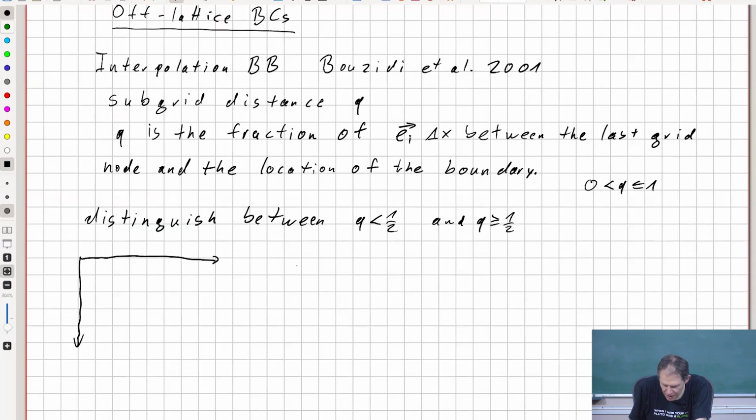Let me see. We start with q smaller than 1/2. So this is the boundary. Let's give some color. And this distance here is delta x times q. Of course, this is as always delta x, and this is as always delta t.